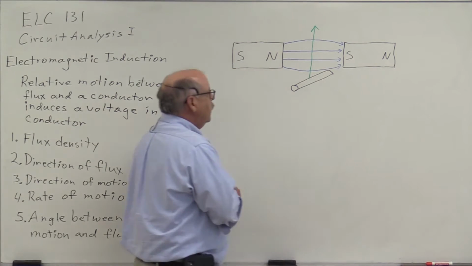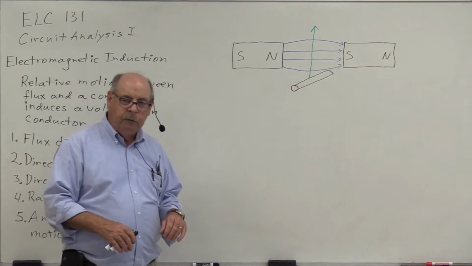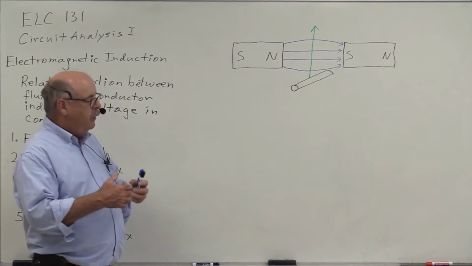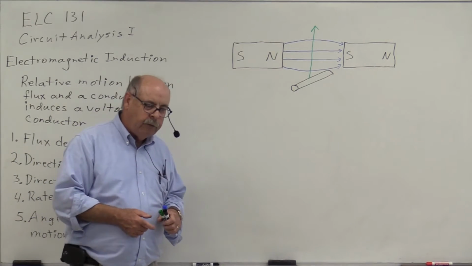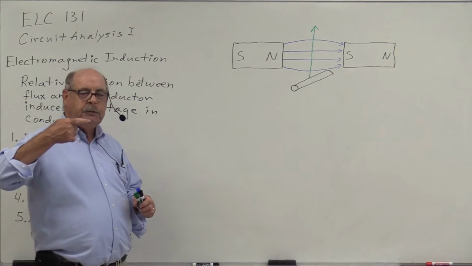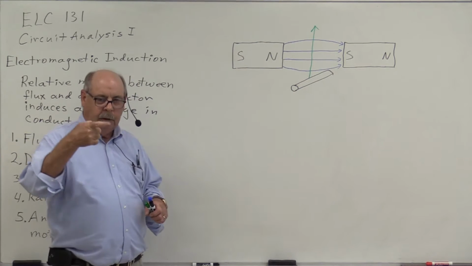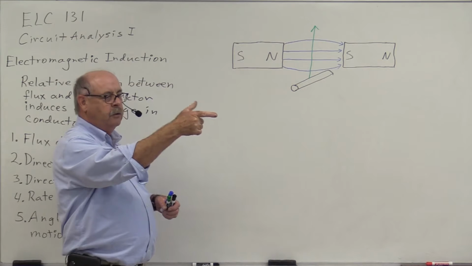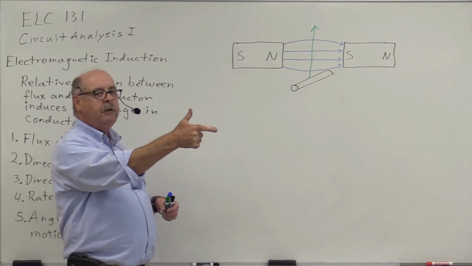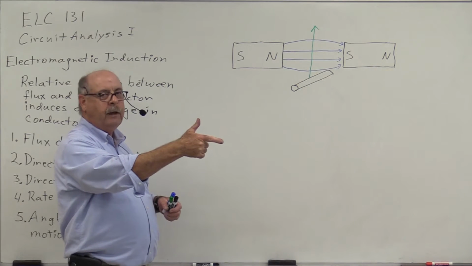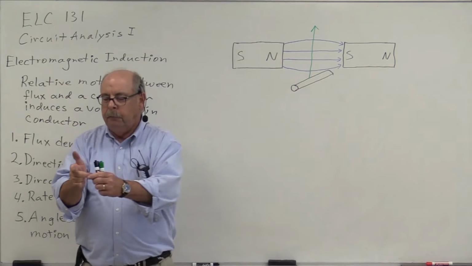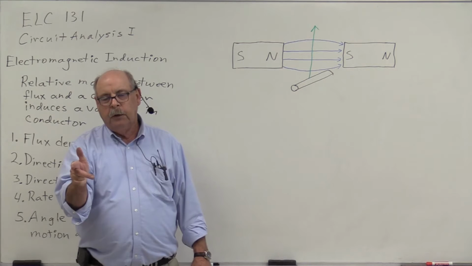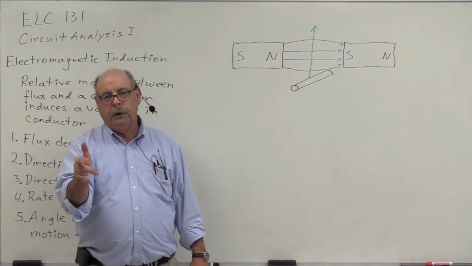Now, we've got another right-hand rule for everybody, and we use this for conventional current flow. What you do is point the index finger of your right hand in the direction of flux. Your thumb points in the direction of motion through that flux. And your second finger, held perpendicular to the other two, shows you the direction of current.